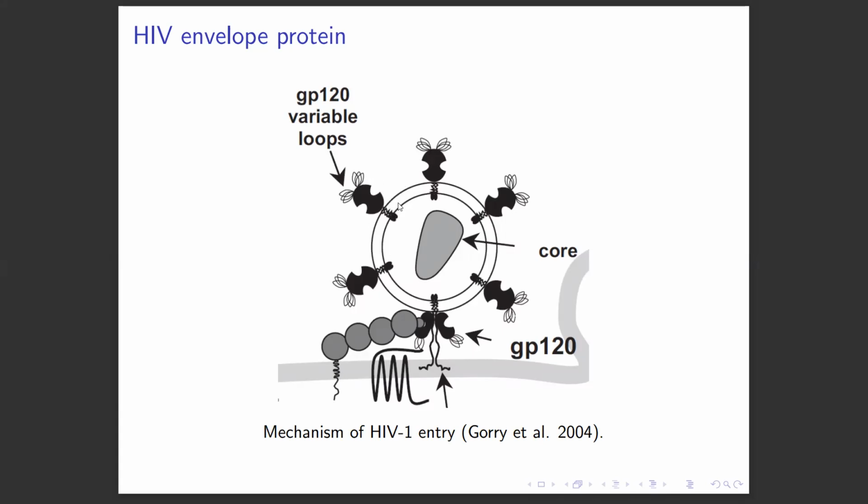It's shown as a violin with 2 sets of wings. And these wings are the variable loops. And this is the CD4 binding site. The CD4 binding site on the envelope protein binds to the CD4, and this forms a complex, and that's how HIV enters the T cell. So these are the key areas.